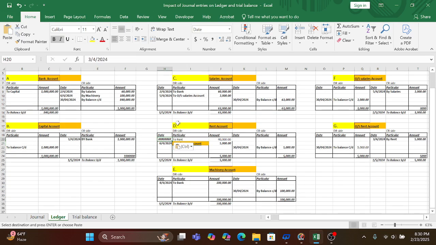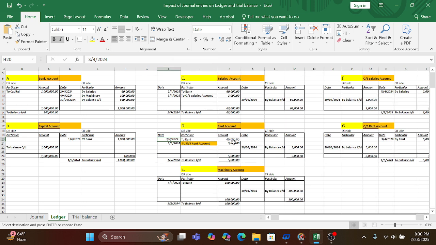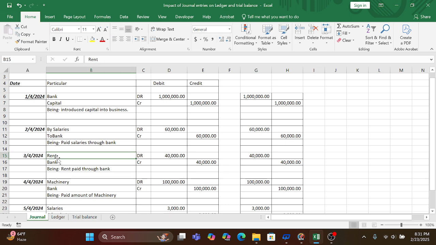Here, our total will be 45,000. Here if you see, to bank account, if the business has paid the rent, so our entry will be rent account debit to bank account.